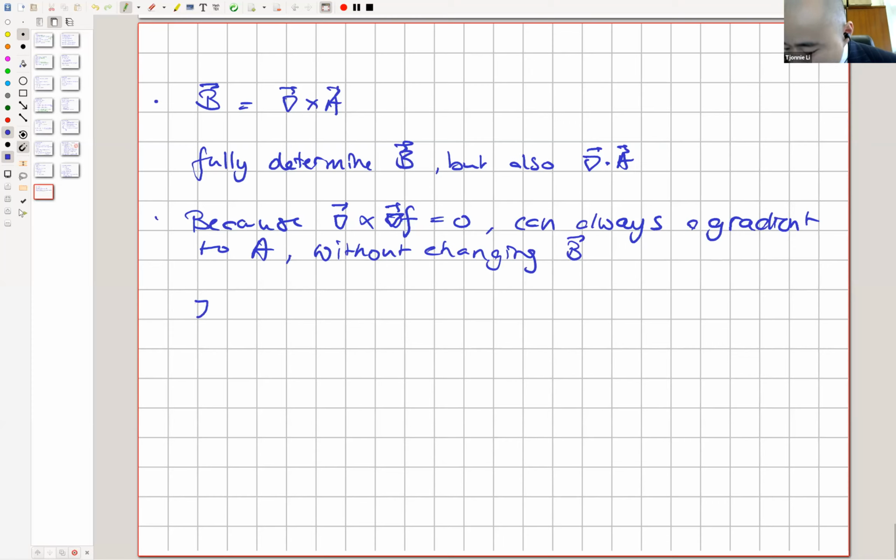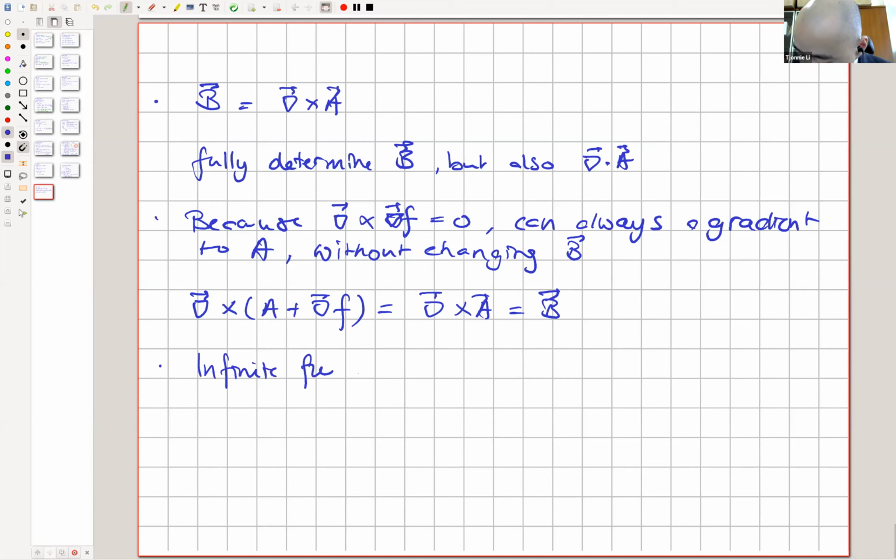In other words, I can write that the curl of A plus the gradient of some function f is simply the curl of A, and that is B. And so basically, we have an infinite freedom to choose A, and the specific choice I can make by specifying the divergence of A.